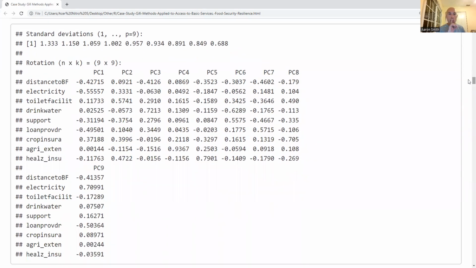All right, so how do we interpret this? For this video, I'm only going to look at two factors at a time. We want to look at the largest ones first. So electricity is negative, then loan provider, then distance, and I'm going by magnitude, and then support, crop insurance.